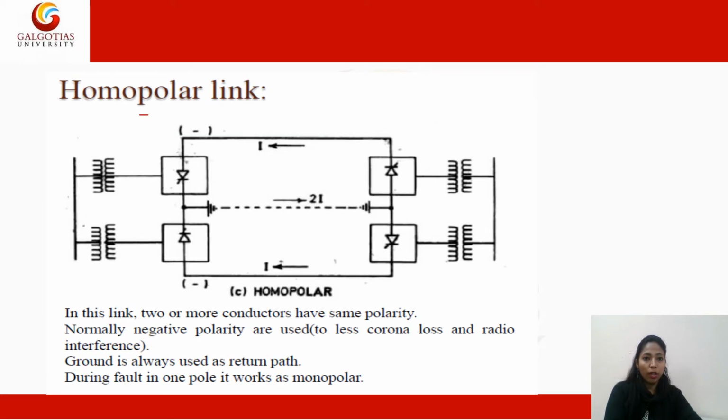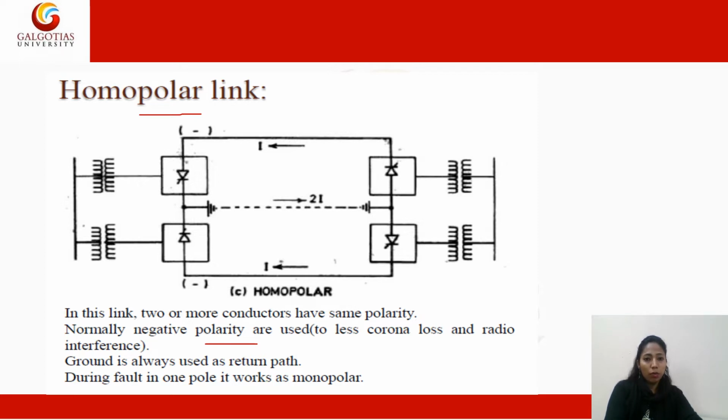Now the homopolar link. Here two or more conductors with the same polarity are used. Normally negative polarity is used for all the conductors, due to the reduction of corona losses.